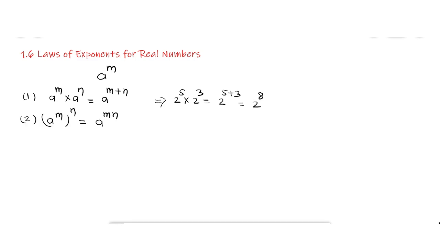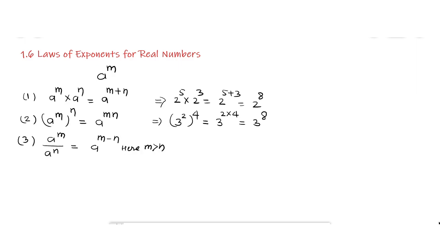Second law: a to the power m whole to the power n equals a to the power m into n. And we go for the example for it. 3 to the power 2 whole to the power 4 equals 3 to the power 2 multiplied by 4, equals 3 to the power 8.